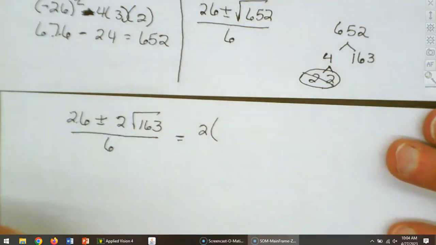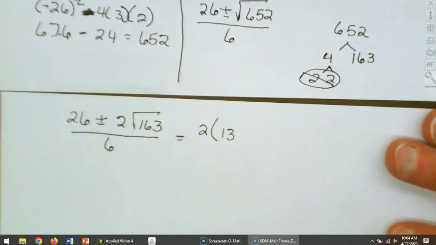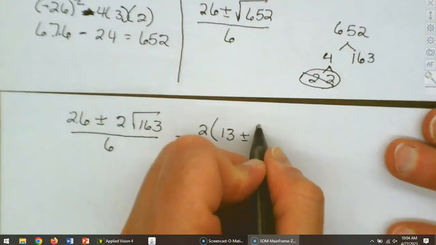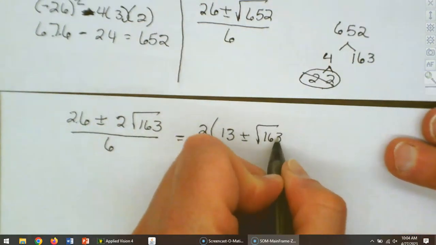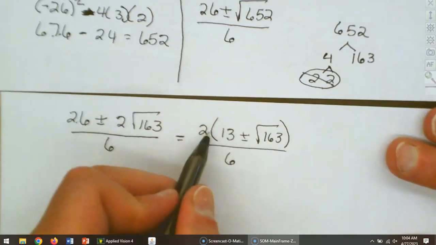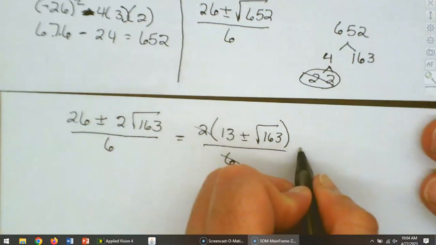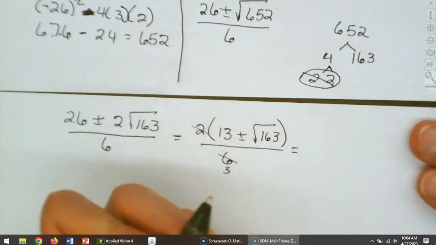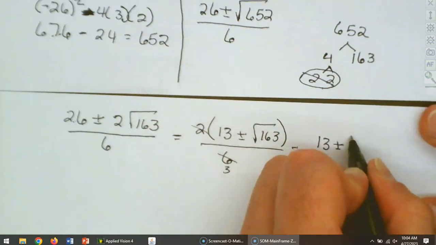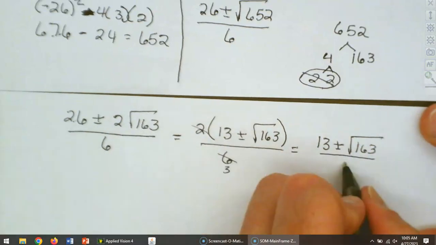So I'm going to factor out a 2, and that's going to leave you then with 13 plus or minus, the 2 came out, so that's the square root of 163 over that 6. And that 2 and that 6 can cancel. And that leaves you then with a final answer of 13 plus or minus the square root of 163 over 3.